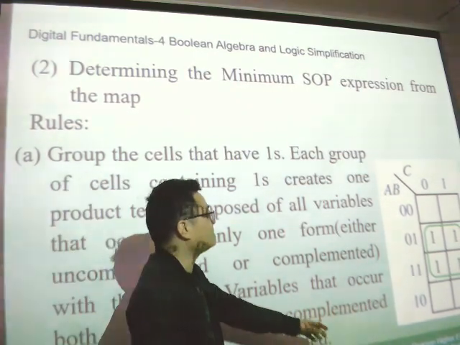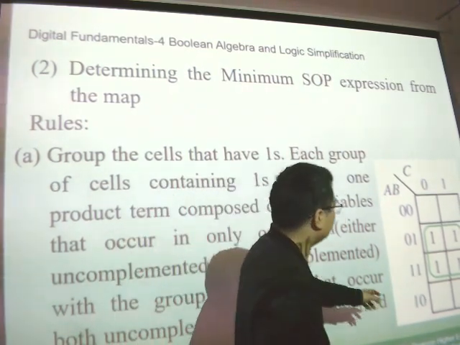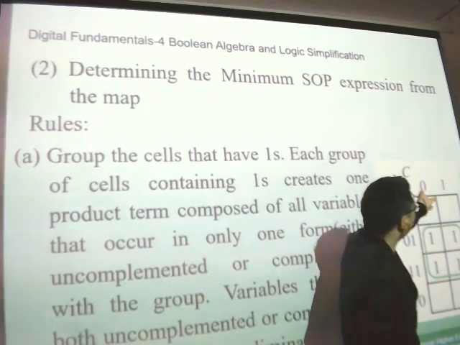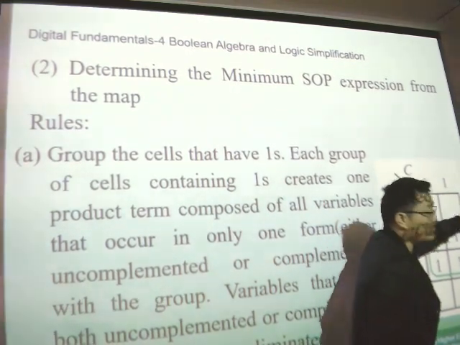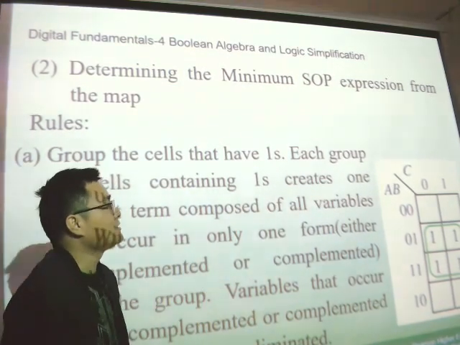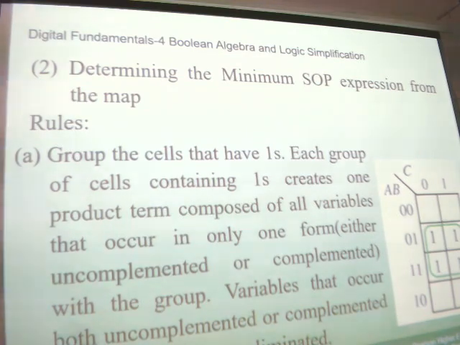So this variable must be eliminated. And C also, 0 and 1 occur. So C can also be eliminated. The product term must be B. Right?